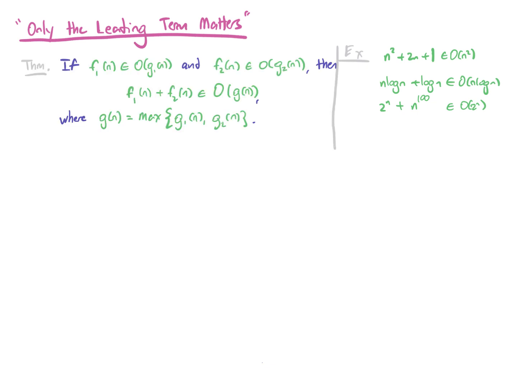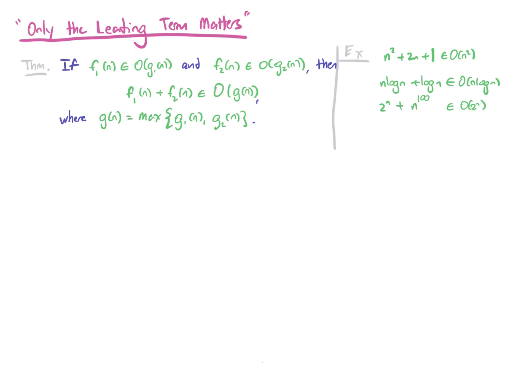Here it is. So the theorem is that if I have two functions that I'll call f1 and f2, and f1 is big O of g1, and f2 is big O of g2, then the sum f1 plus f2, so this is what goes on when we add two functions together here, is big O of g of n, where g of n is a new function.